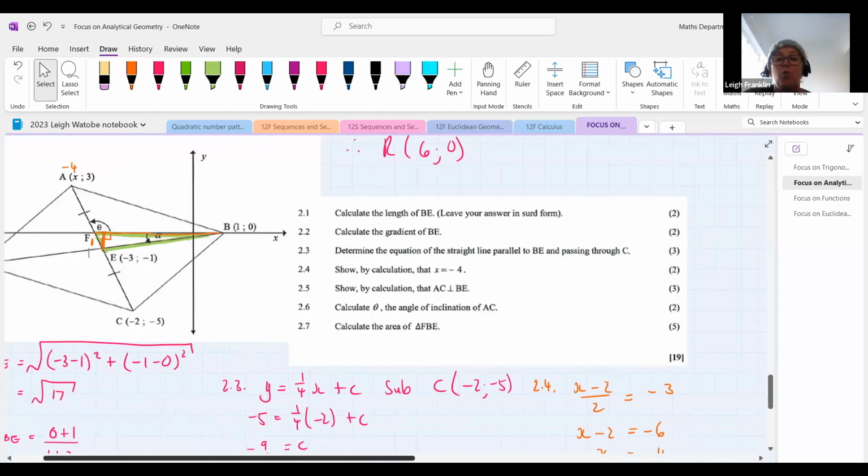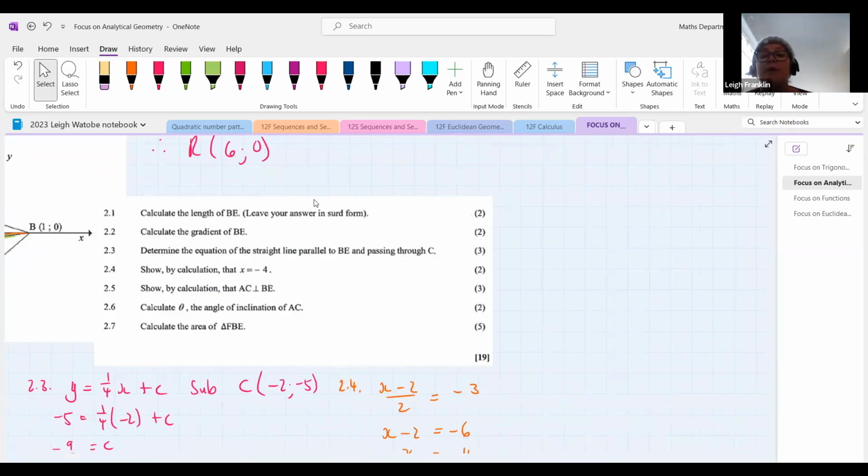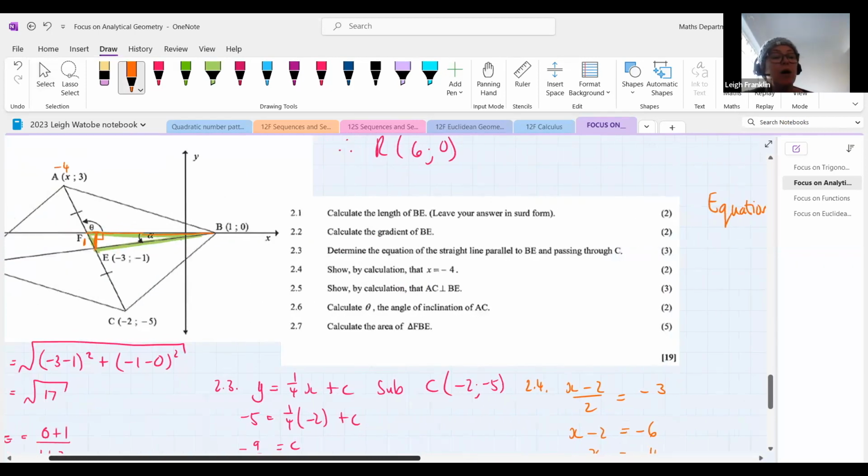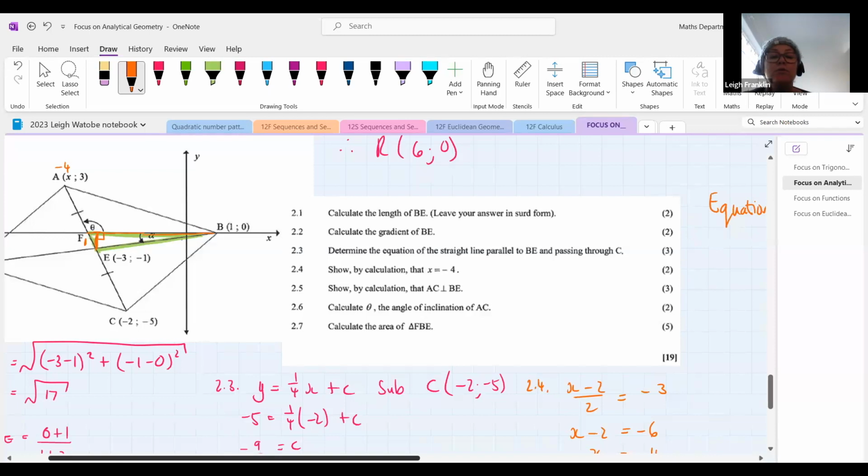All right, so I want the equation of AC. What else do I have? I have the gradient, don't I?